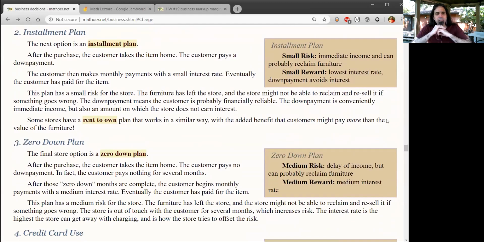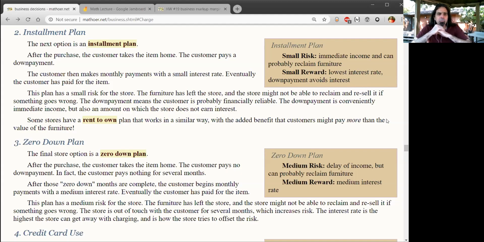So in this plan, as with all the others, you get to take the thing home. So there's more risk to the store because you're going to spill coffee on the couch or get a virus on your computer or whatever else it is. It will be harder for them to sell this thing if you can't pay for it. So you're making monthly payments and you have a small interest rate.